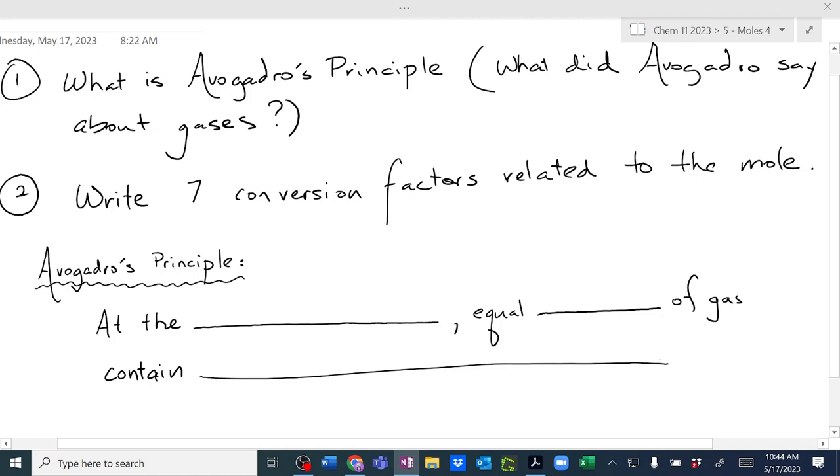Okay, Avogadro's principle, what is it? At the same temperature and pressure, equal volumes of gas contain equal numbers of gas particles.